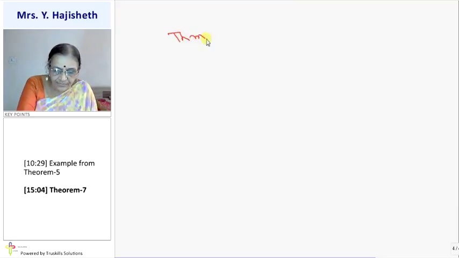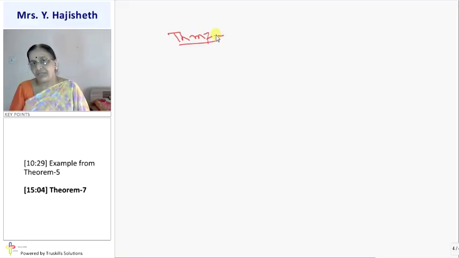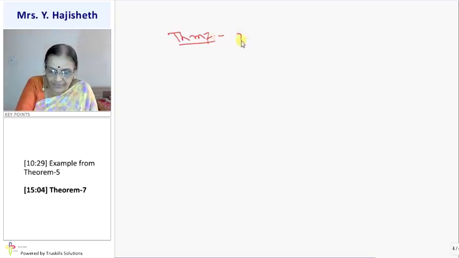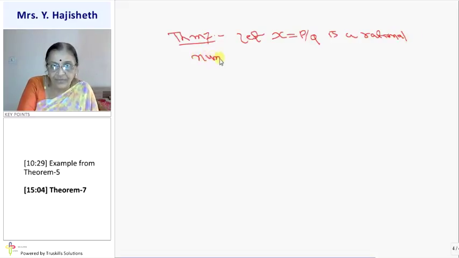Now there is theorem number 7. It is a theorem based on when a rational number is not terminating but it is recurring. Under what condition your rational number is not terminating but it is a non-terminating recurring. Okay. So the theorem says let x is p by q, okay, is a rational number. Clear?